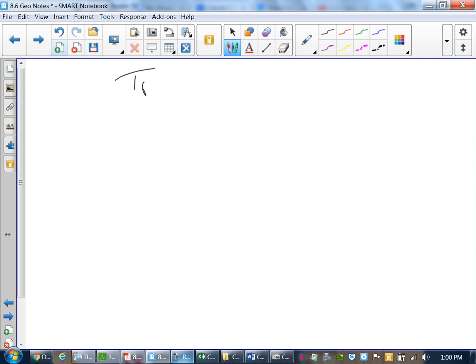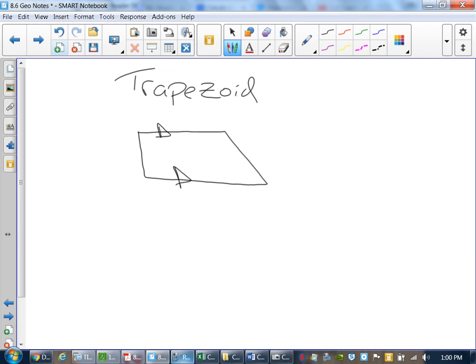So you have the trapezoid. The trapezoid had exactly one set of parallel sides, and that was about it. I did mention to you guys the idea that you've got two parallel lines cut by a transversal twice, if you think of it.